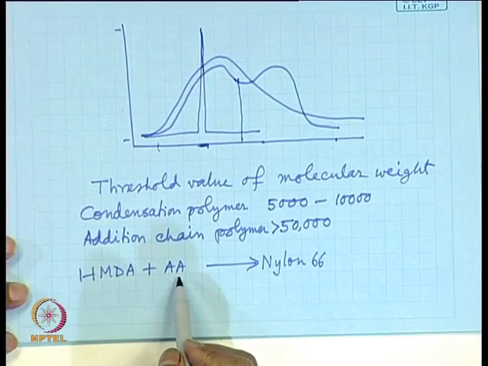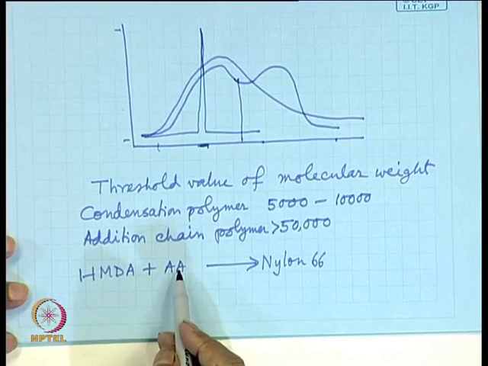So, if you mix a solution of HMDA and AA in water, immediately nylon salt, HMDA and adipic acid salt, known as hexamethylene adipamide salt, forms. It is insoluble in water, it precipitates out, and you filter it.